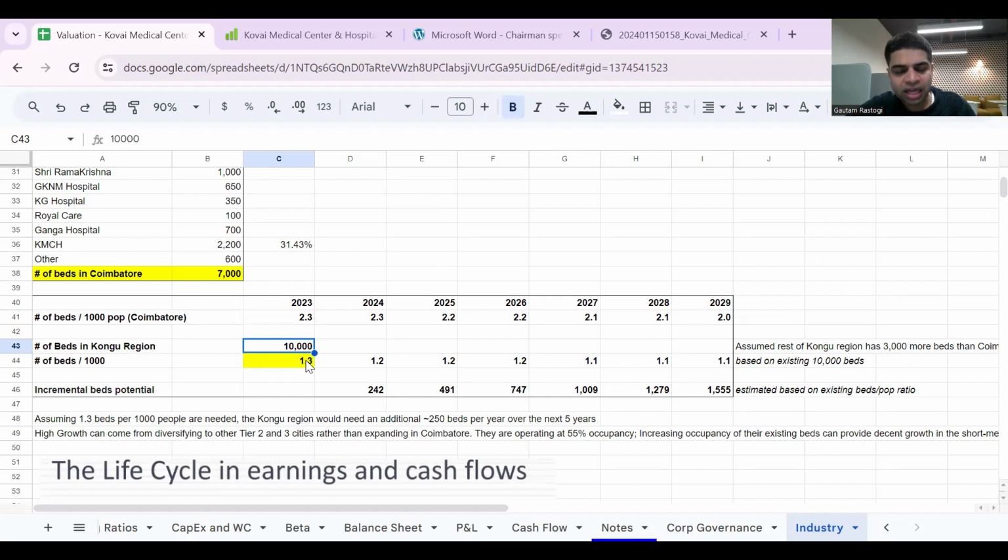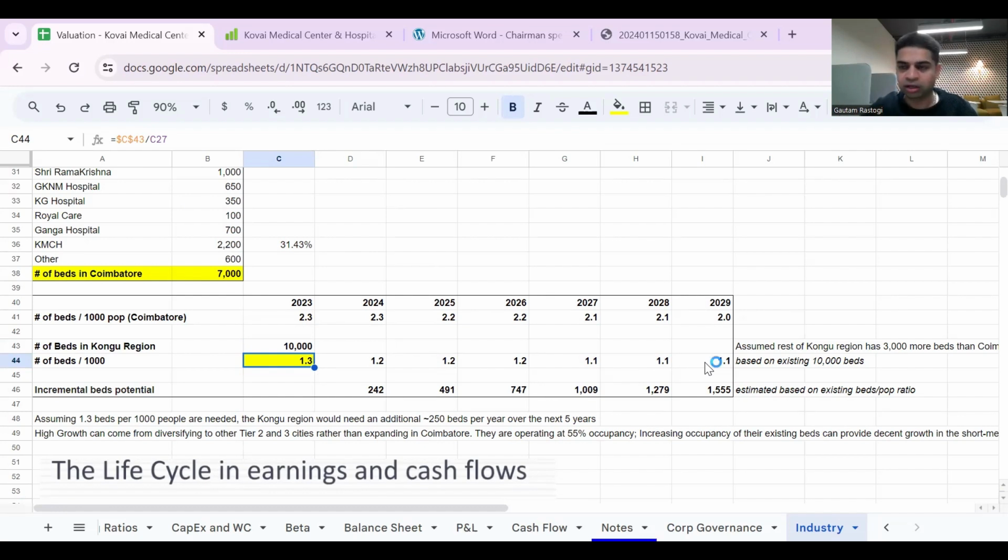Now, if for a moment you assume 10,000 is actually the number of beds in the Kongu region, then this ratio of 1.3 beds per thousand people would be reduced to 1.1 over time because the population would increase, if we think the beds won't increase.